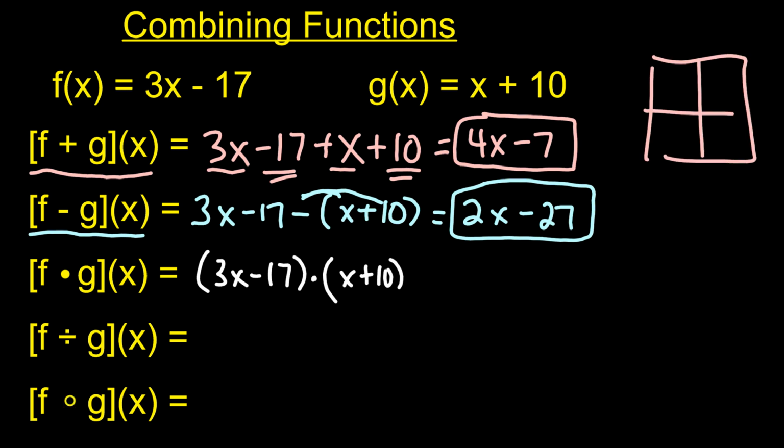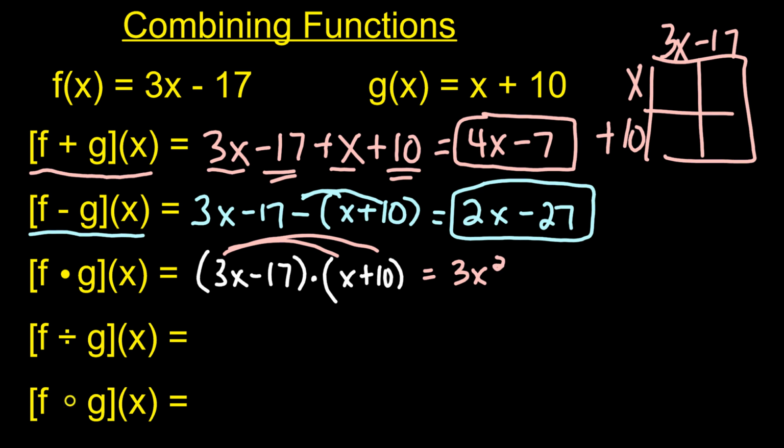You'll write like 3x minus 17 on the top and x plus 10. This is called an area model, where you find the area of each one of those rectangles in there. You could also just distribute. So 3x times x and 3x times 10. So this ends up being 3x squared plus 30x.